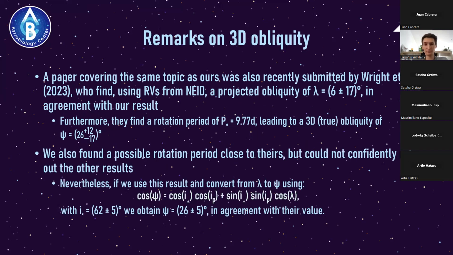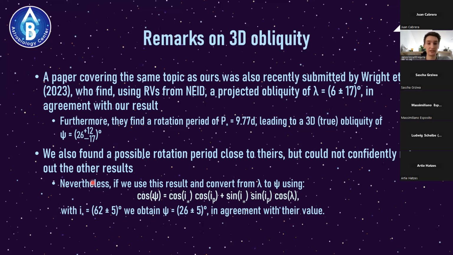So we also already had a look at the rotation period of the star, but we couldn't really confidently rule out the other results. Maybe they have done something differently from our analysis.